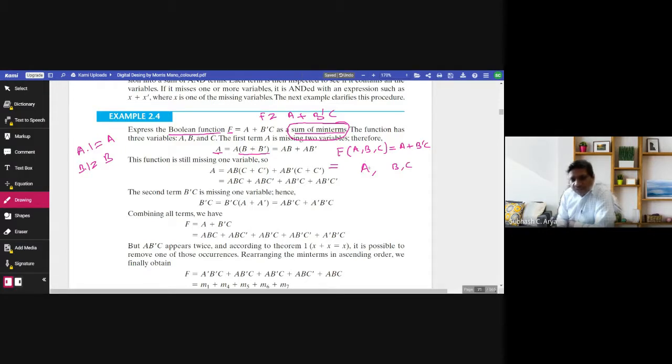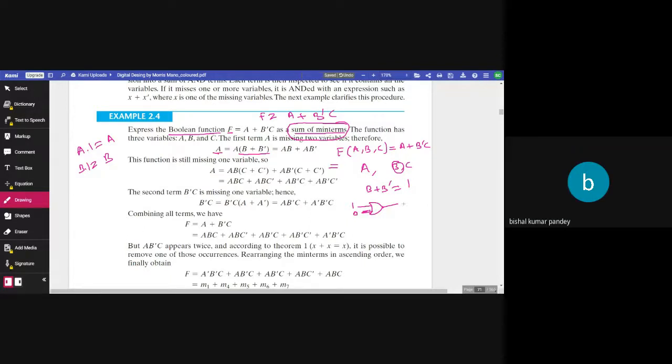So in a, first let us see the missing variable b. How to include the missing variable b? By writing b plus b bar is equal to 1. Is it okay or not? Let me prove here. This is an OR gate, and here b is suppose 1 and b bar is equal to 0. What is the output here? One.